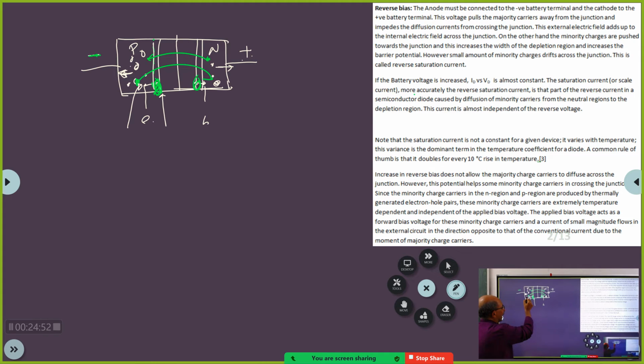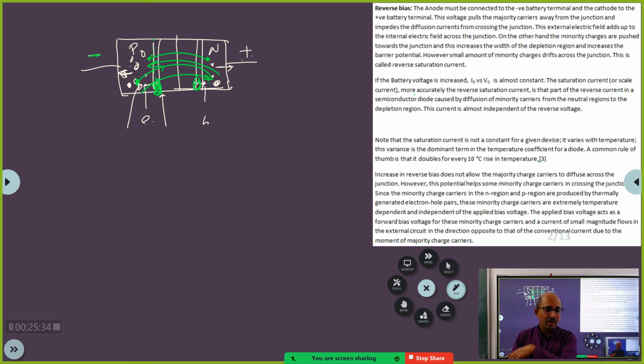And therefore the energies keep increasing, and some of these charges, the electrons here and the holes here, the minority charges, will get more energy and can still overcome the potential energy barrier and move from here to there. So, what I am trying to tell you is, under reverse bias condition, there is a diffusion of the minority charges. Under forward bias condition, there is unhindered diffusion of the majority carriers.